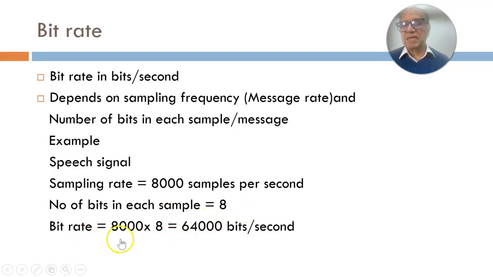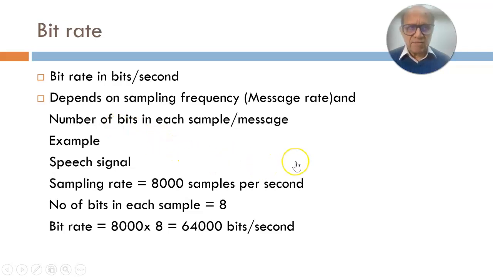In that case, the bit rate is 8,000 multiplied by 8, 64,000 bits per second. So this is the famous 64 kilobits per second speech rate which has been historically used. These days you can use much smaller data rate for representing speech by using codecs, etc. But this is the one which has been historically used. And this is how you calculate the data rate.